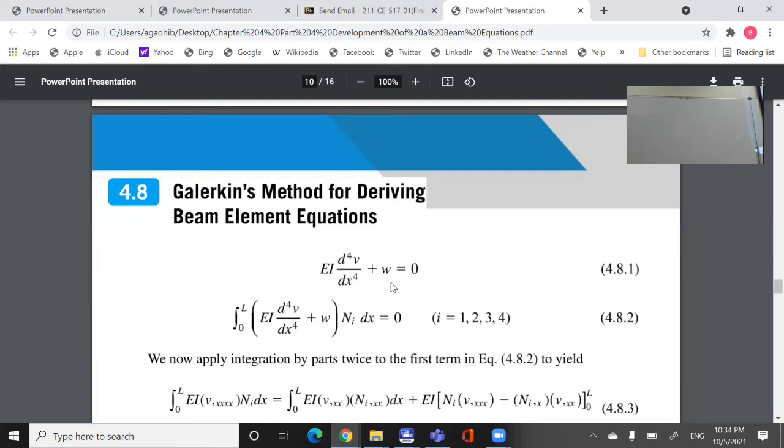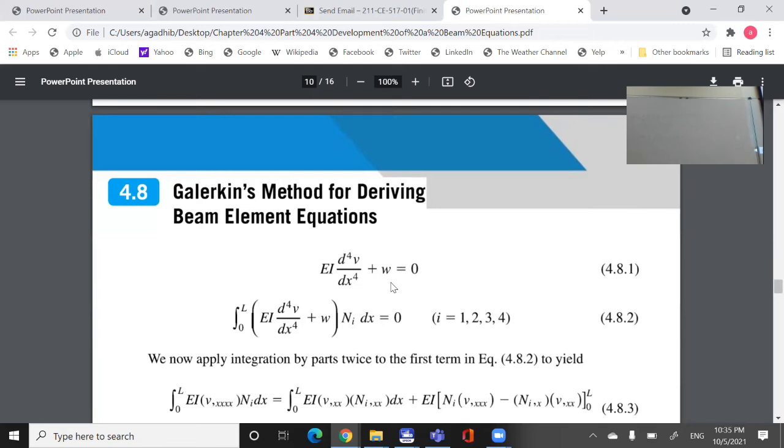EI, comma x, shape function. What is this? Go to the other side. Where is it, the other side? W. Where is W? My question here, what about this term? W. No, it's the other side.